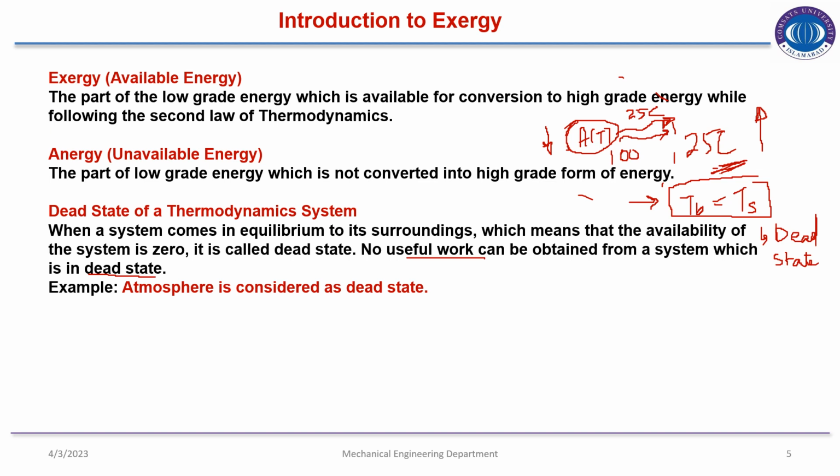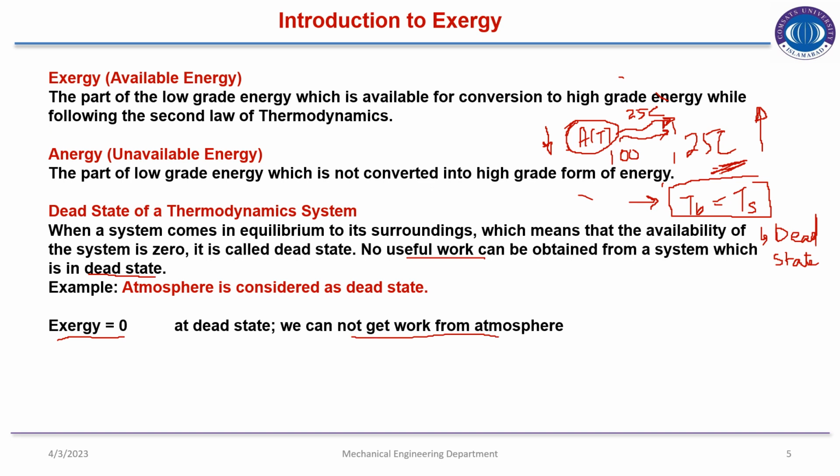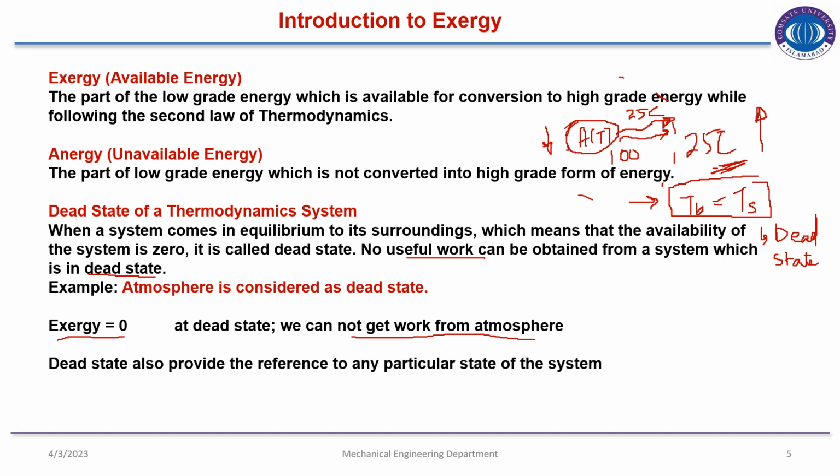If you put a heat engine in the atmosphere, because there is no temperature difference, no useful work can be obtained by the heat engine. So at the dead state, the value of exergy is zero. We cannot get work from the atmosphere.